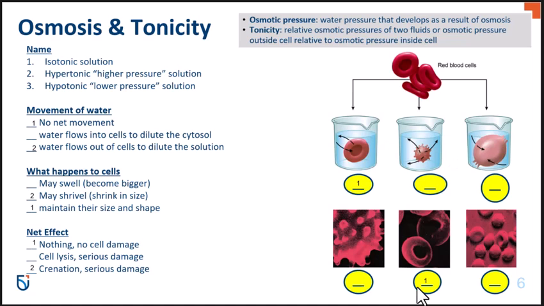In other words, if the solution that the red blood cells are bathed in is not corrected soon, then it can have long-lasting damage and, well, can cause death. You can think of the red blood cell in this hypertonic solution as becoming dehydrated. It's losing a lot of its water and therefore changing its shape.